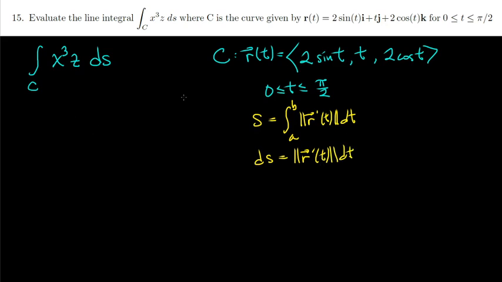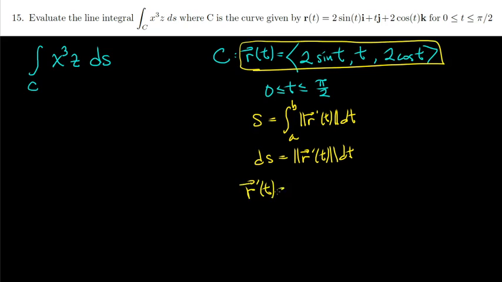We know what r is, this is r up here, so we do need r prime, the derivative of r. That's going to be 2 times cosine of t times i plus 1 times j, and then negative 2 times sine of t times k. And t still goes from 0 to pi over 2.